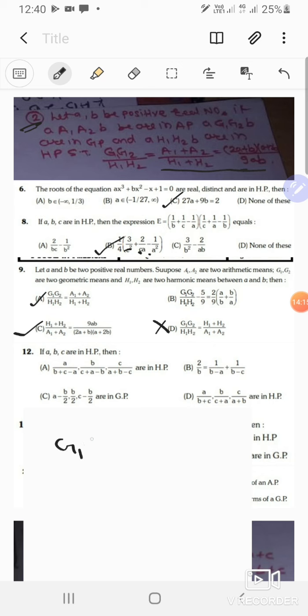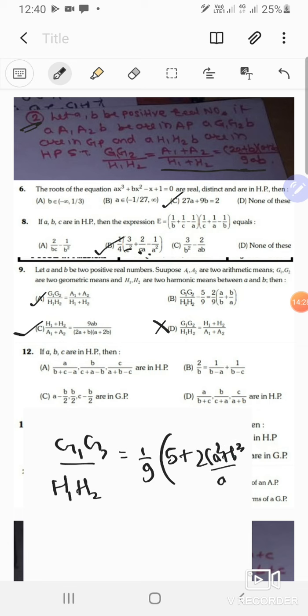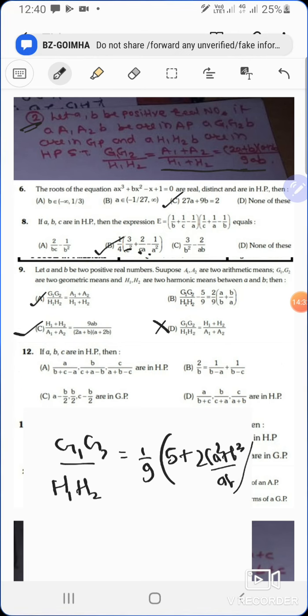So G1, G2 upon H1, H2 is equals to 1 by 9 of 5 plus 2 times of this thing. Well, that's going to be 2 times of A squared plus B squared upon AB. I don't have a nice feeling about it.